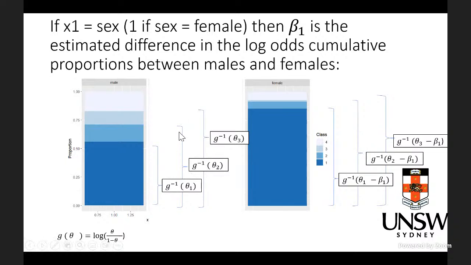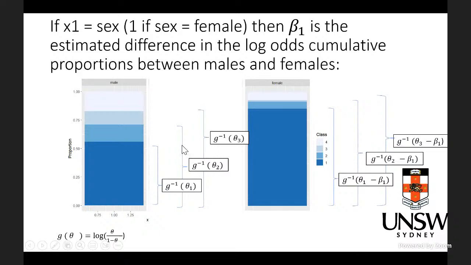Theta 2 is this high and theta 3 is this high. The difference between males and females is given by beta 1. In class 1, you go from here to here, and that's given by beta 1.